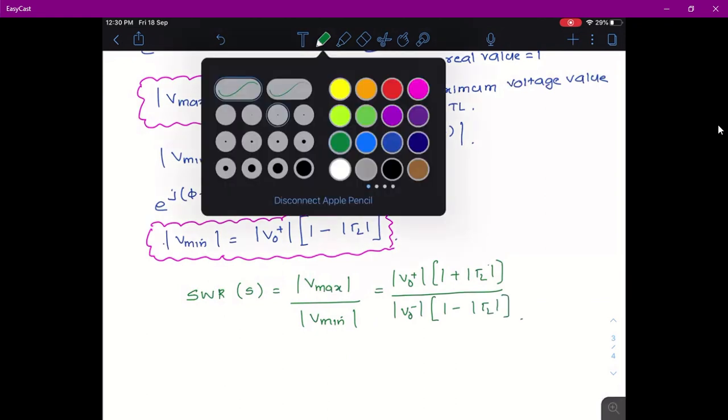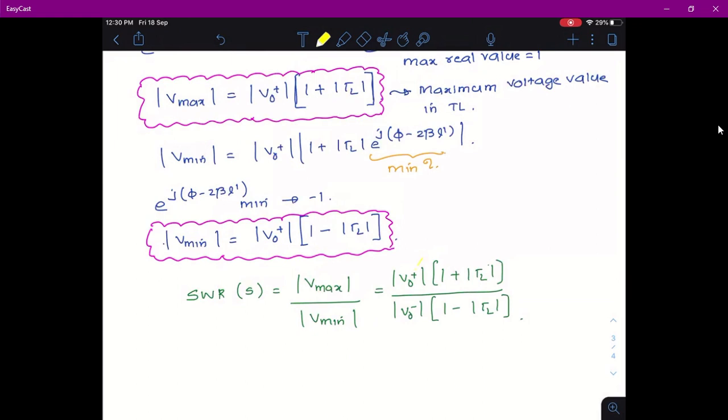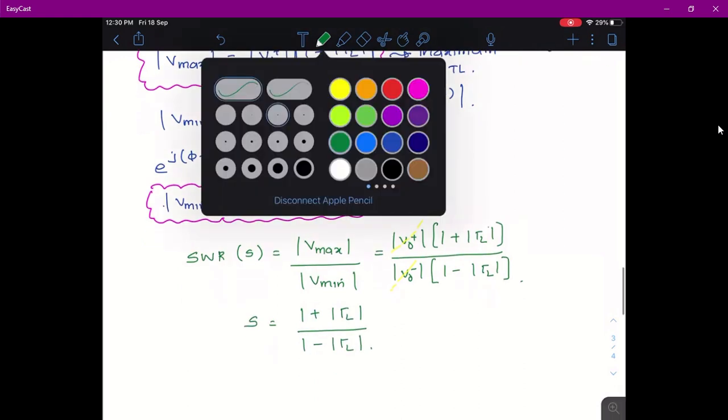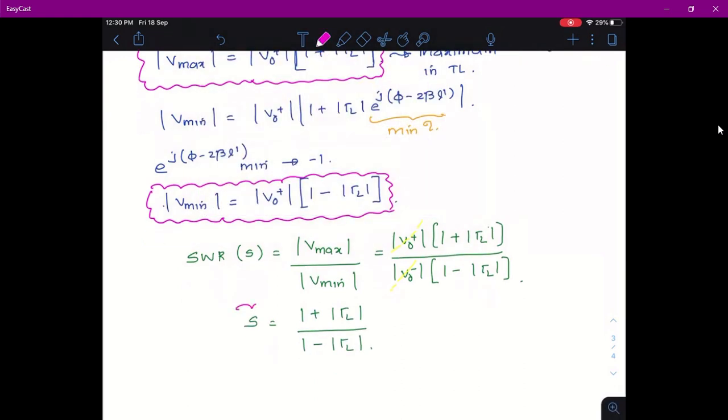So, V0 plus and V0 minus will get cancelled, and you will end up having the standing wave ratio equal to 1 plus mod tau_L by 1 minus mod tau_L. So, that is the expression for standing wave ratio.